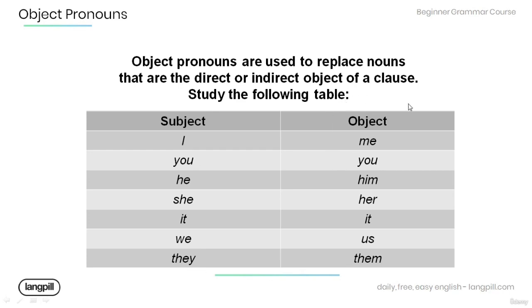And when we want to use a pronoun as the object of a sentence, we use me, you, him, her, it, us, or them.